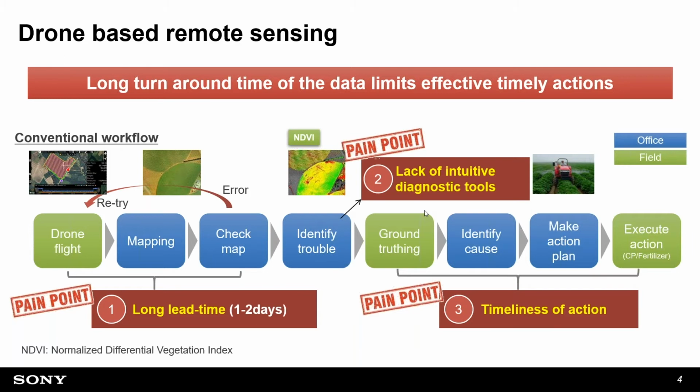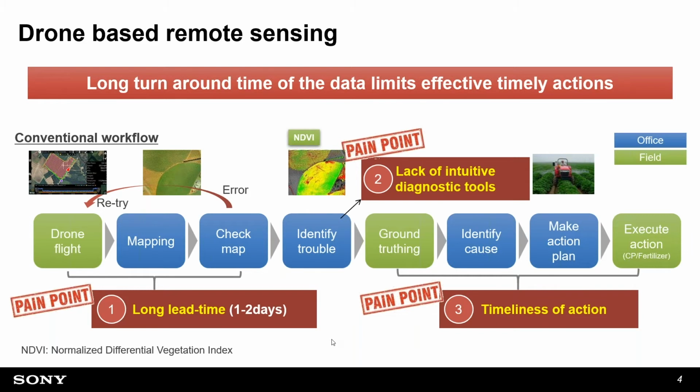We identified some of the pain points, and we are trying to solve them with our solution. This is the workflow of the drone flight operation: drone flight, making a map, and then identifying the problem area. And then if necessary, you go down to the exact location for ground truthing, and then identify the cause, make the action plans and execute the action. So that's the whole workflow.